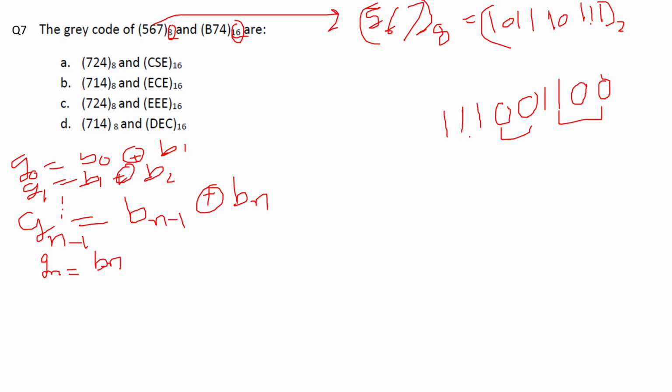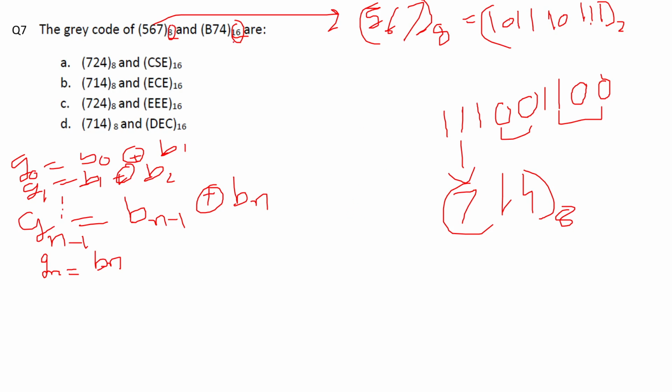So this is 1 1 1 0 0 1 1 0 0, and we have to write the answer in octal only. So this is 7, this is 1, and this is 4. So it is 714 in base 8. And also now we have this gray code.